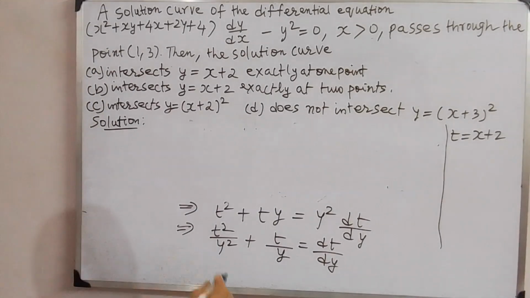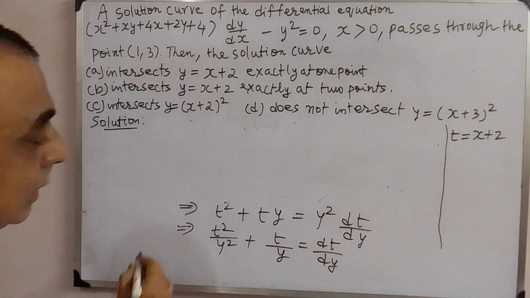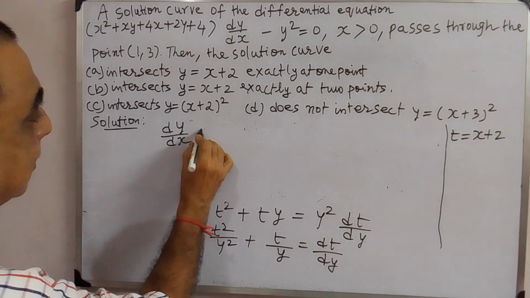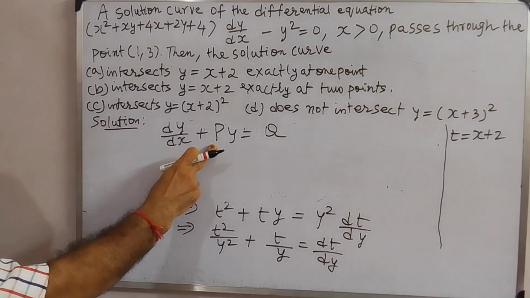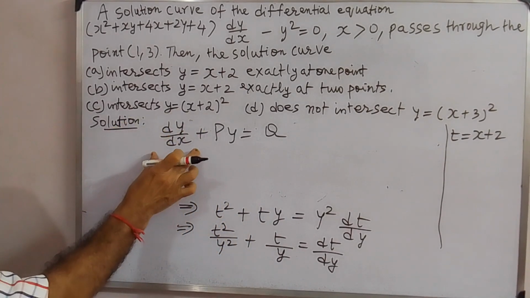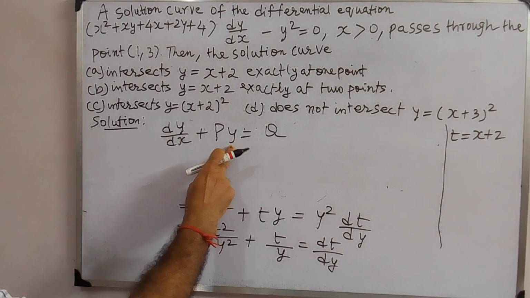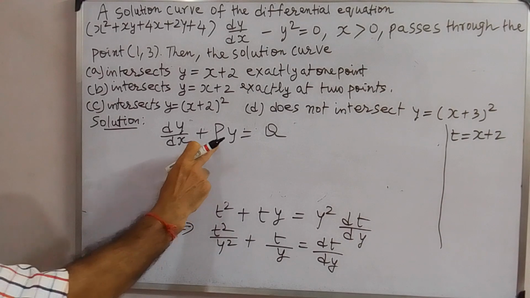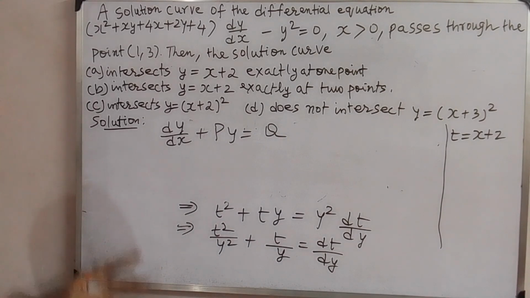A linear differential equation is of the form dy by dx plus py equals q, where p and q are either constants or functions of x alone, not functions of y.